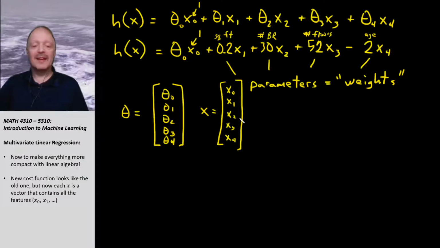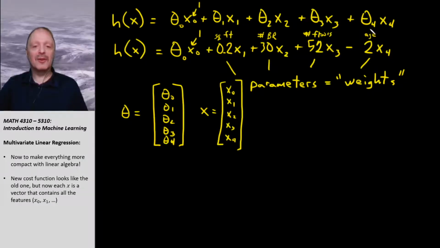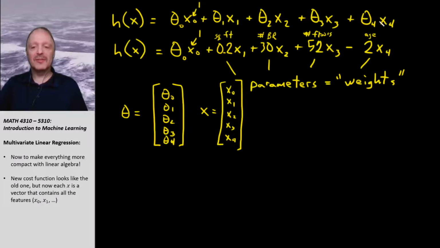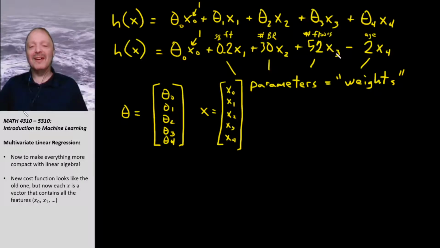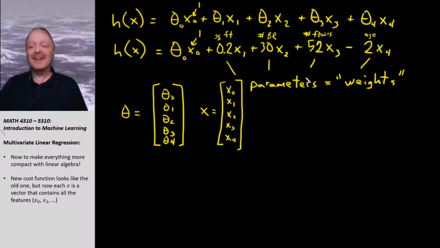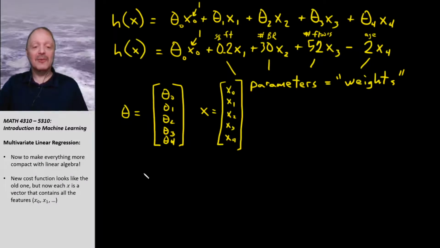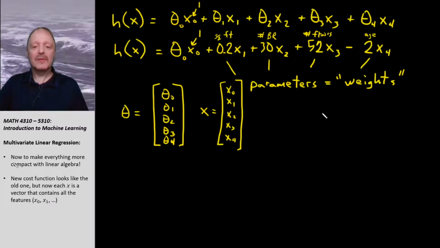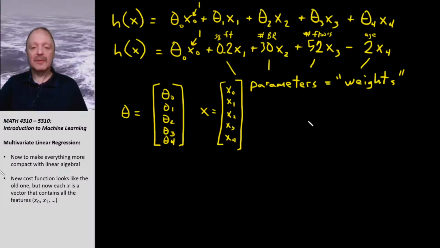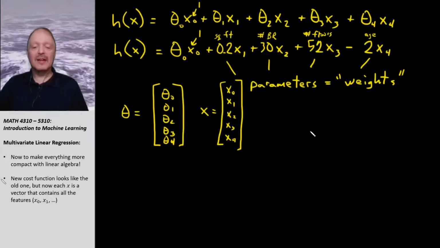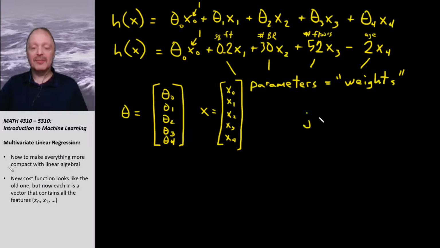Okay? Now, in order to write this hypothesis function very compactly using the linear algebra, I can have the following. Well, let me define something first. If I have a column vector, let's call it J for absolutely no reason.